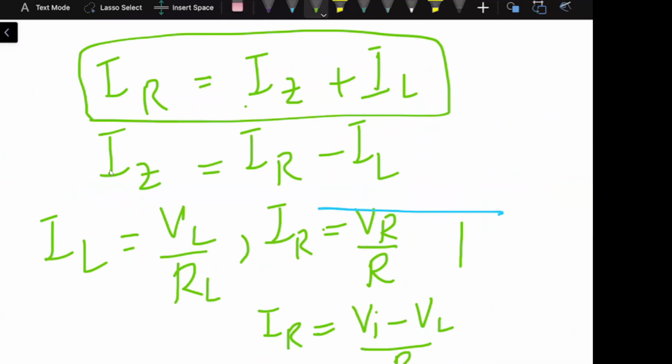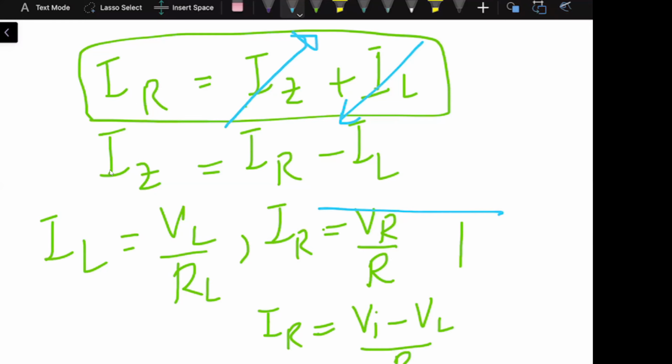Applying Kirchhoff's current law at the specific node, a decrease in IL due to an increase in RL will be responded to by an increase in IZ, so that the total current IR is kept constant, as well as the voltage across the load, equal to VZ.